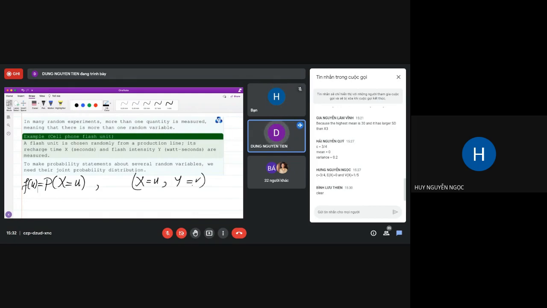All right, this is the joint event I want to deal with, and I want to find the probability that this joint event occurs. And I call that function f of u, v the joint probability mass function. Okay, then I have the following joint probability mass function.